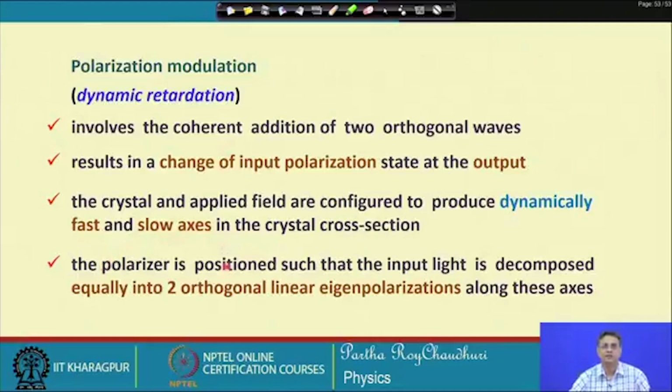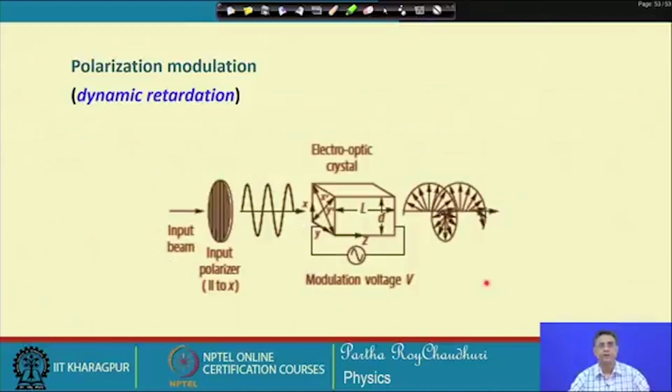The polarizer is positioned such that the input light is decomposed into two orthogonal linear polarizations along these axes, along these two orthogonal eigen axes. And let us see this setup. You have an input polarizer which has its pass axis along the old principal axis of the system.